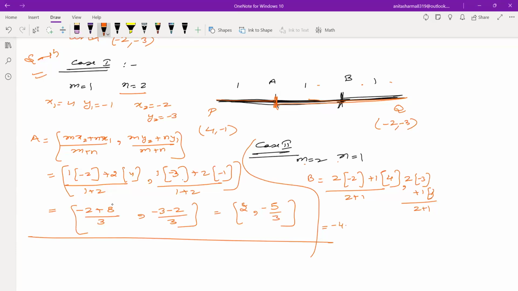So 2 twos are 4, plus 4 divided by 3, comma, 3 twos are 6, minus 1 divided by 3. So minus 4 plus 4 is 0, comma minus 7 by 3. Got it, children? Yes, ma'am.